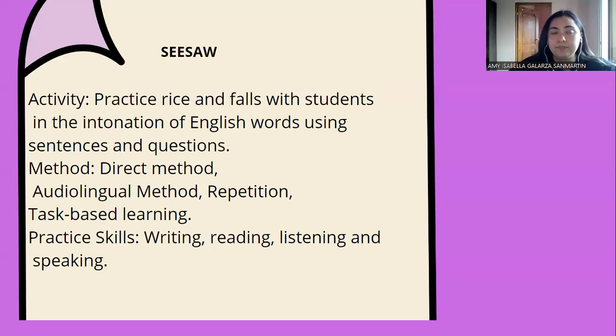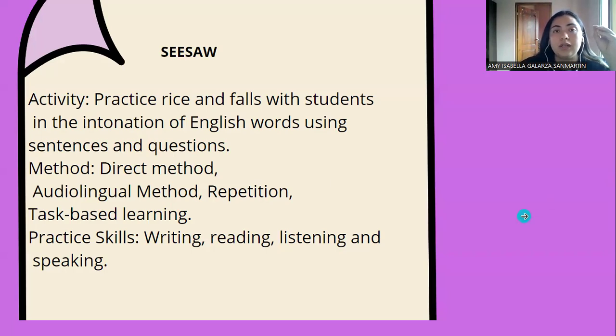In this activity, I'm going to bring with me to the class a cartel where I put a lot of sentences and marked the word.